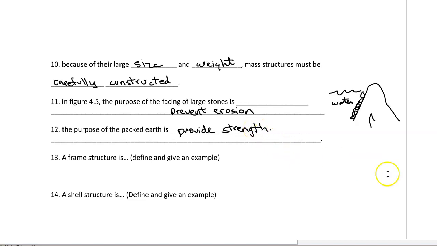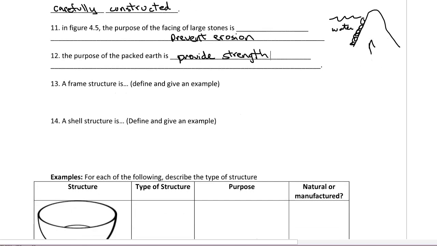Okay. So two other ways in which we can organize structures on how they are made. Okay, the first one is a frame structure, which uses a skeleton of strong material that's covered. Okay, and so an example of this could include something, let's say, like a tent.